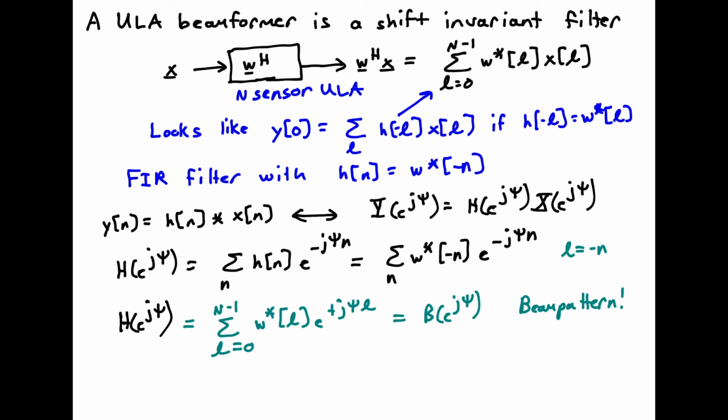So the frequency response, h of e to the j psi, is just this summation. I've had to make a change of variables, but that's the same summation. And you'll recognize from other videos we've done, this is the beam pattern. This is exactly how we've defined the beam pattern. So the beam pattern is the frequency response of our shift invariant filter.